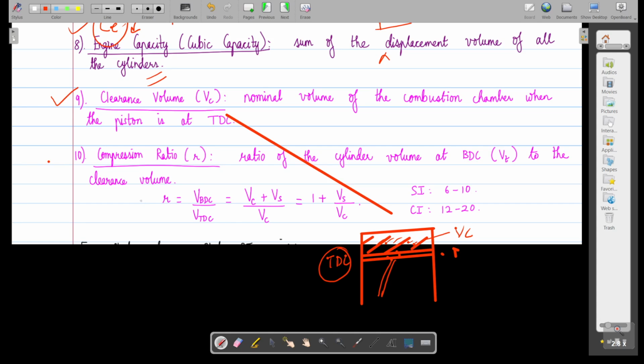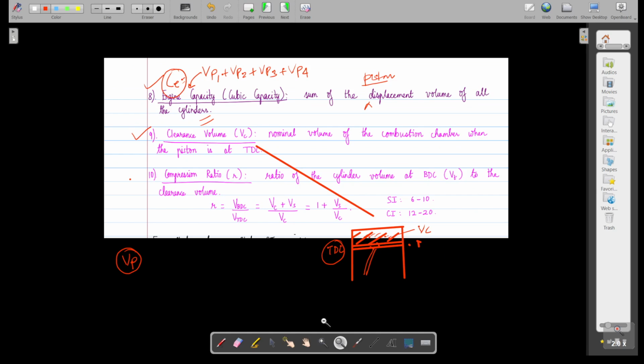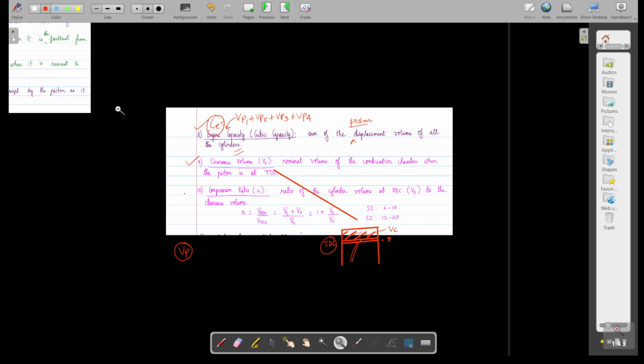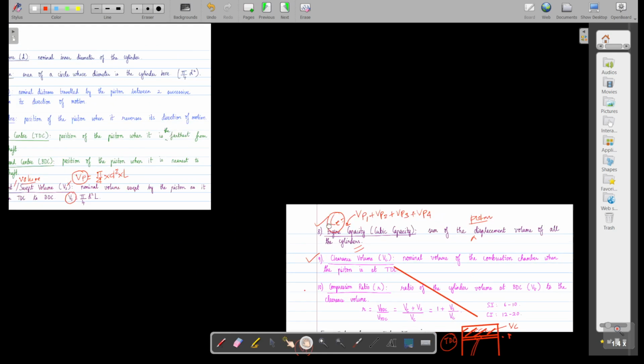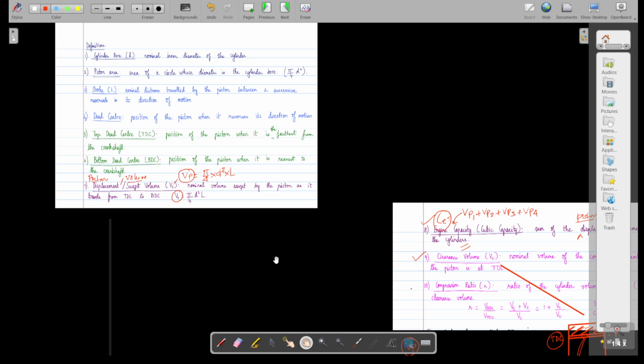In the earlier slide I showed you the piston displacement volume. I'll go over it again so that we can learn it here.